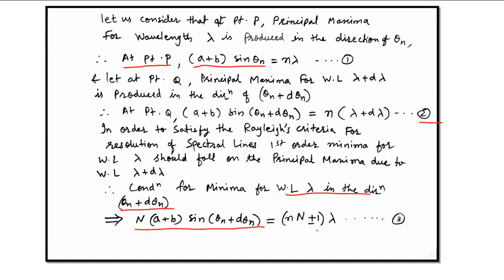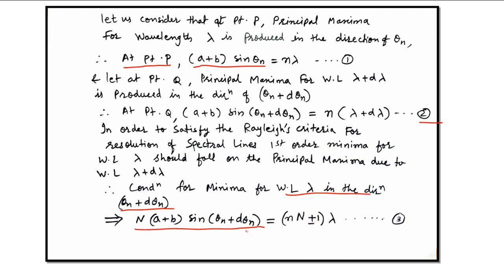This plus minus sign indicates that it is symmetrical with respect to the principal maxima. So I take the value as small n times capital N, where small n is the order and capital N is the number of slits ruled on the grating, plus 1 or minus 1, so that it is not an integral multiple of N, or 0. Otherwise it would have satisfied the condition for principal maxima.